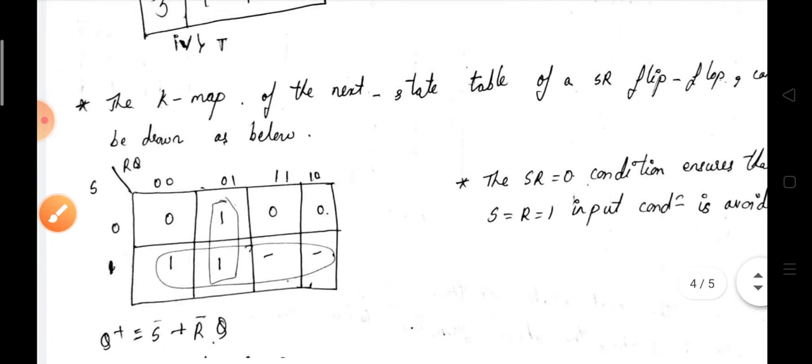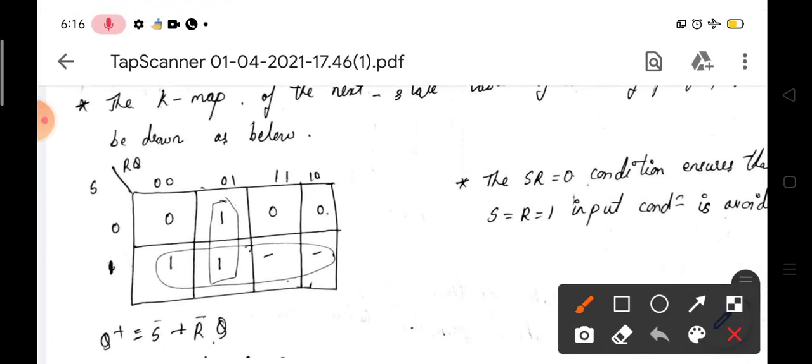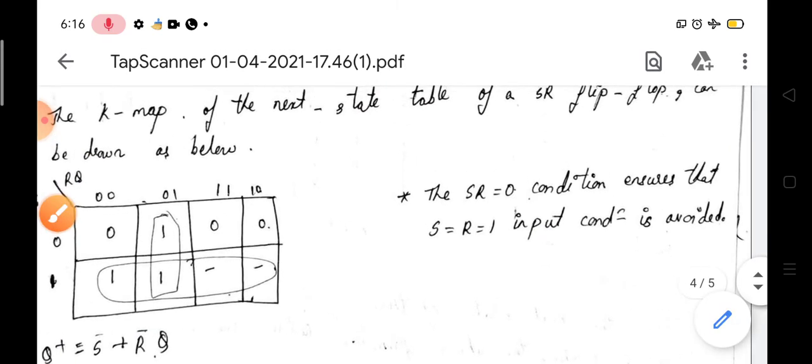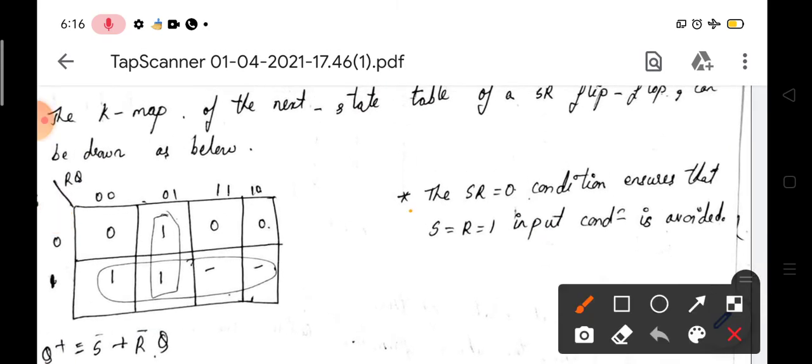Here I have taken S, then I have taken RQ. So I get Q plus is equal to S bar plus R bar Q. The SR equal to 0 condition ensures that the S equal to R equal to 1 input condition is avoided.